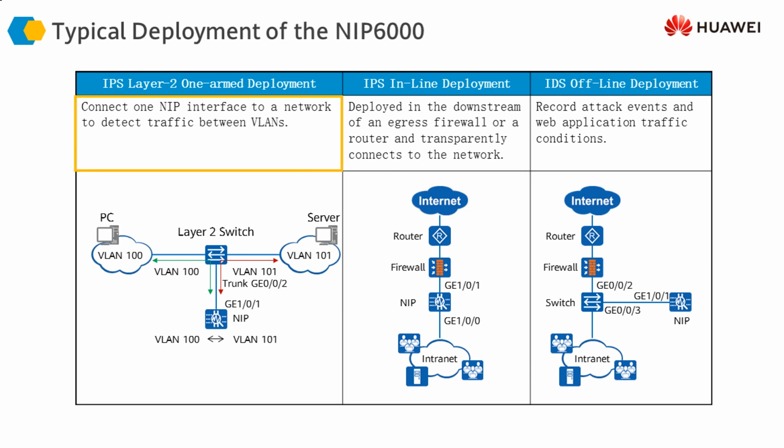This could be a one-arm deployment. This is only possible in layer 2 configuration mode, where the IPS has only one interface connected to the network on the switch, and this is for layer 2 scenarios where the traffic is coming in through the same interface and going out through the same interface.